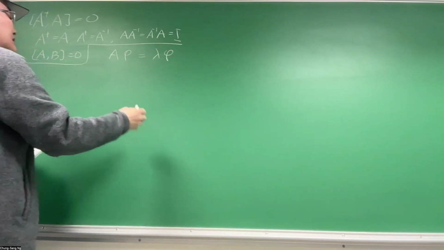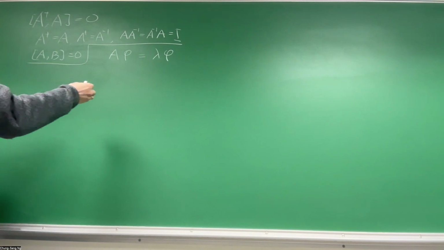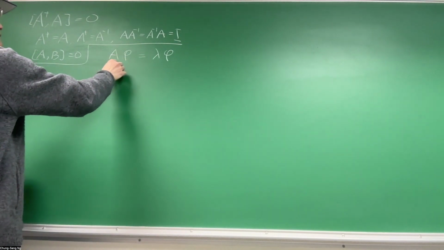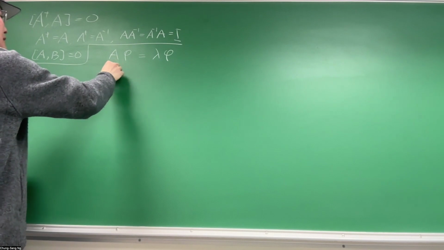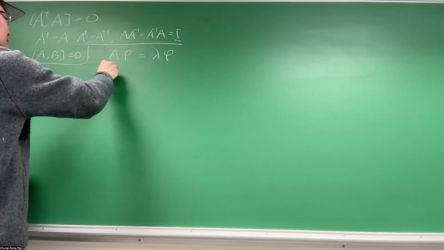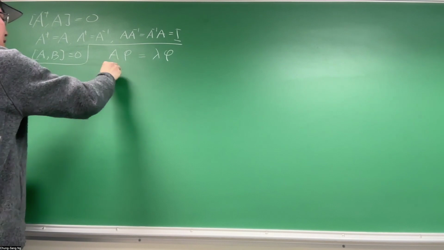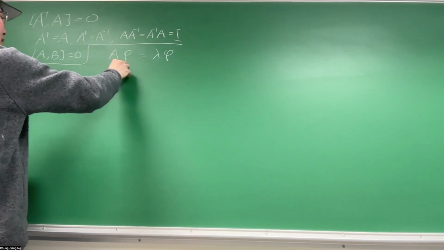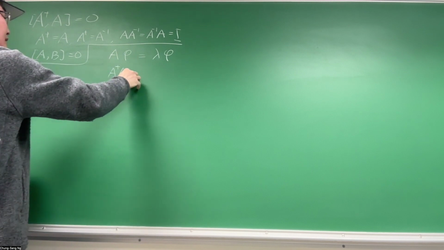Then you operate on it. You consider A dagger acting on A and phi. Either way is fine.